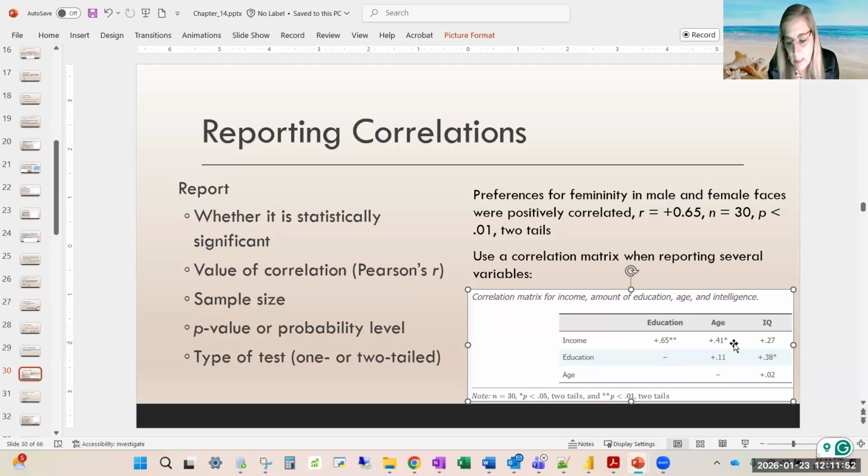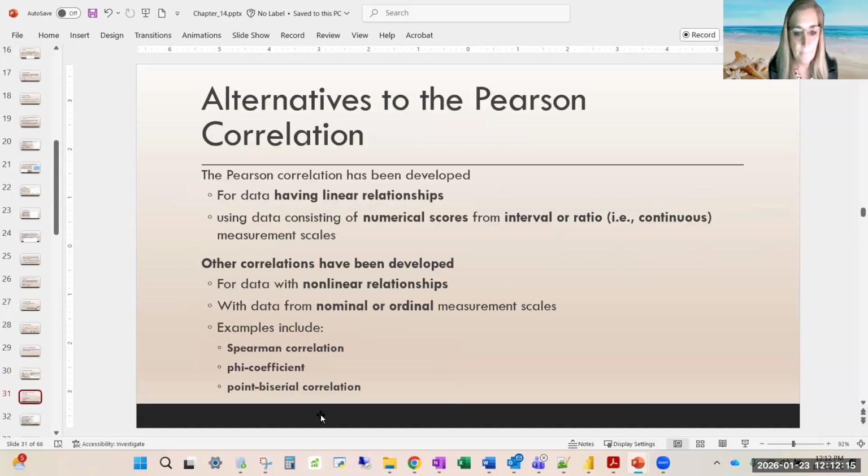If it's less than 0.05, they'll put 1 asterisk. And so you can see here, these two, 0.41 and 0.38, are less than 0.05. This one is less than 0.01. The other 3 were not flagged, so the relationship wasn't strong enough. All right.